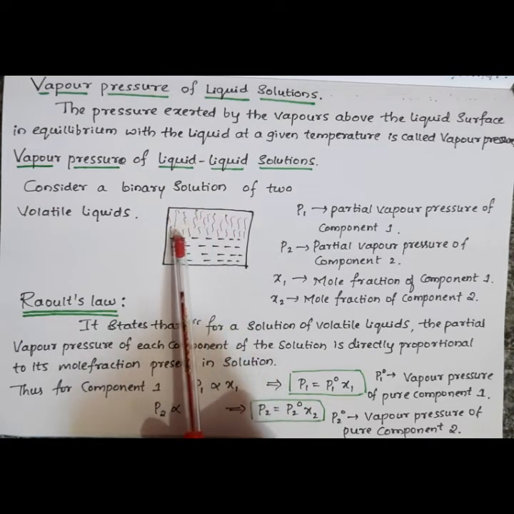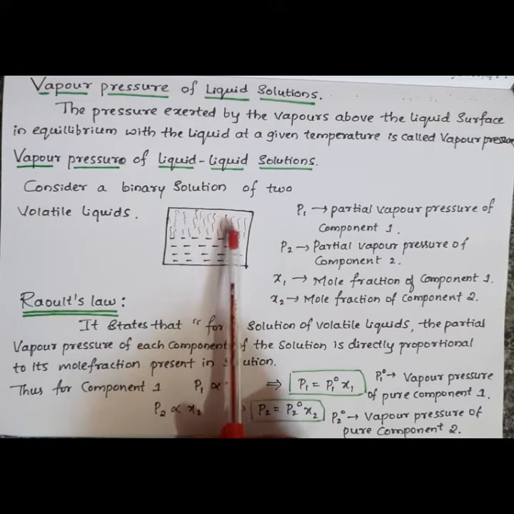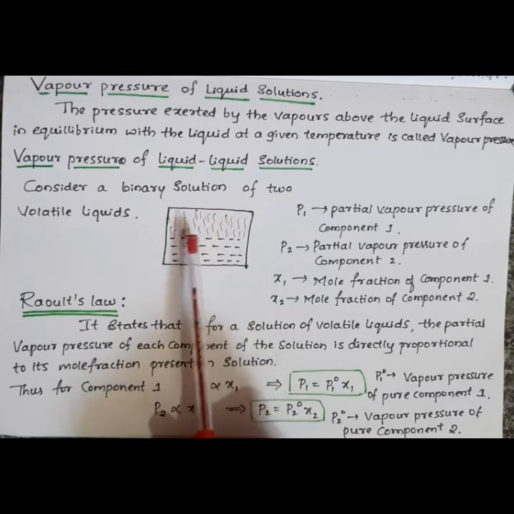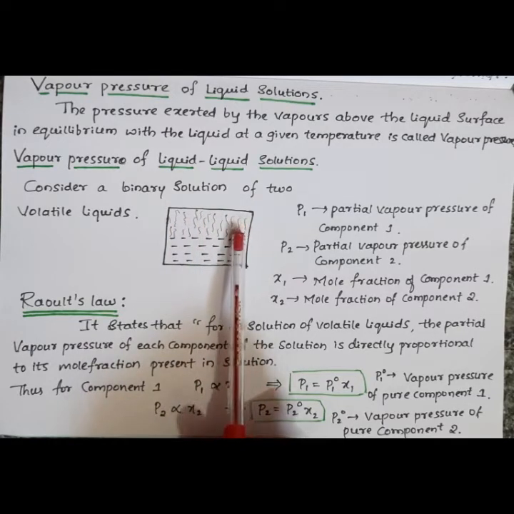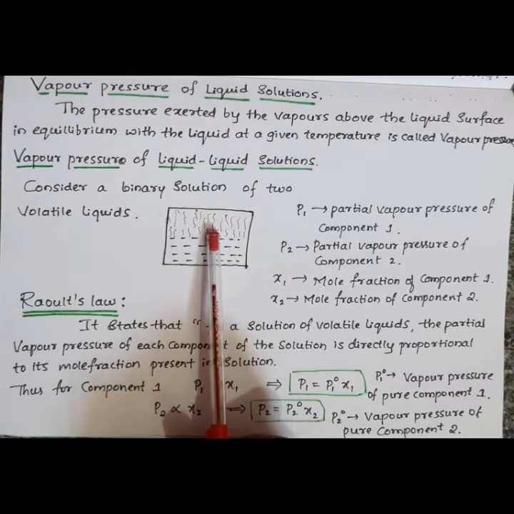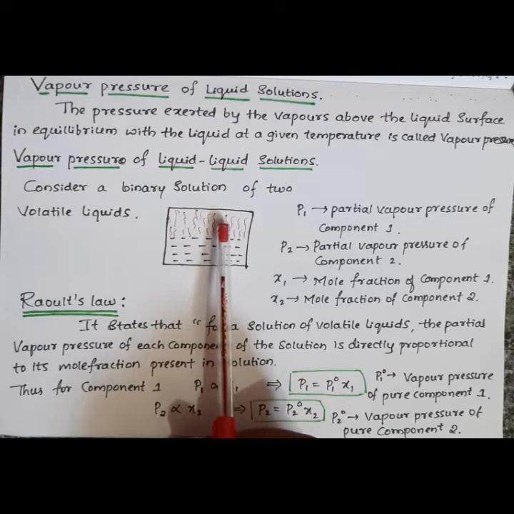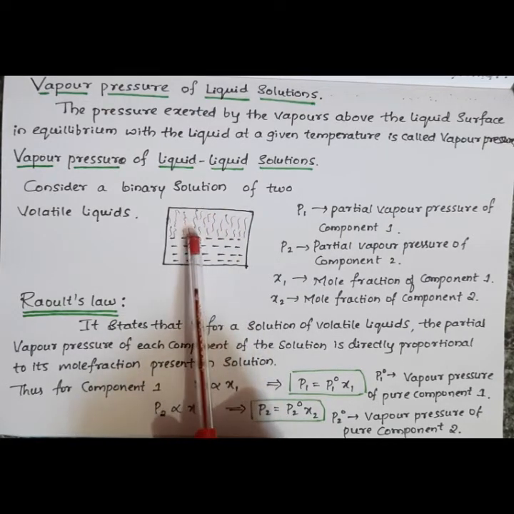Initially the vapors are produced in less quantity. As the temperature increases, more and more vapors get produced, and those vapors can't escape from this closed vessel.